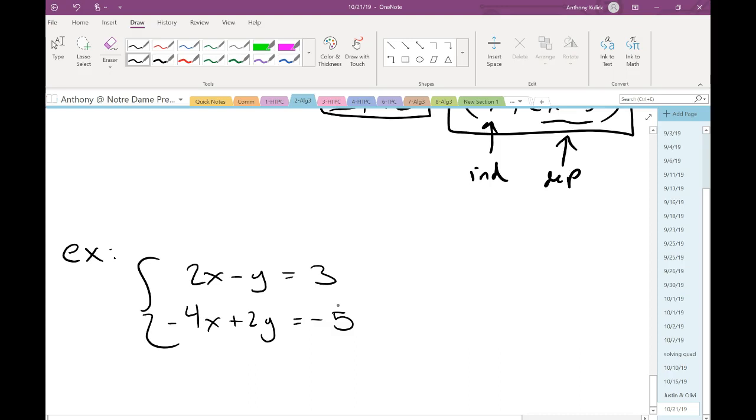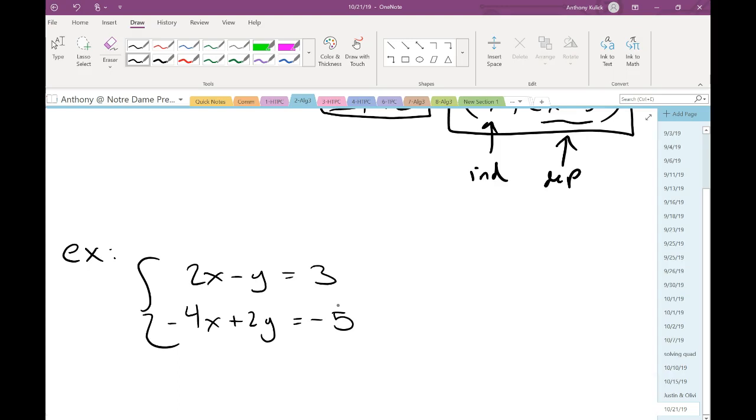So let's say we have the system 2x minus y equals 3, and then negative 4x plus 2y equals negative 5. Notice this is almost the same system as the previous one, right?